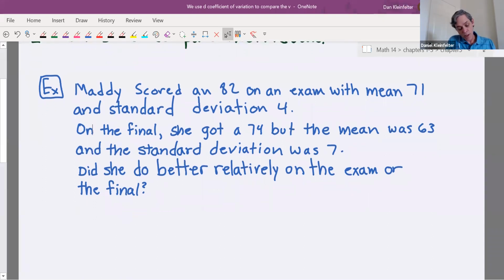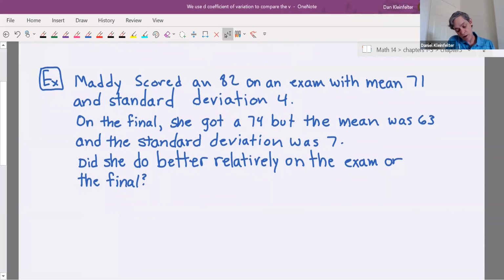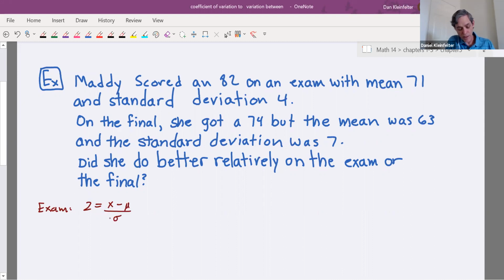So let's calculate the z-score for the exam first. So z is x minus mu over sigma. This time I'm using population variables for this just because I wanted to have an example where we did. And I'm taking the population to be all the test takers.